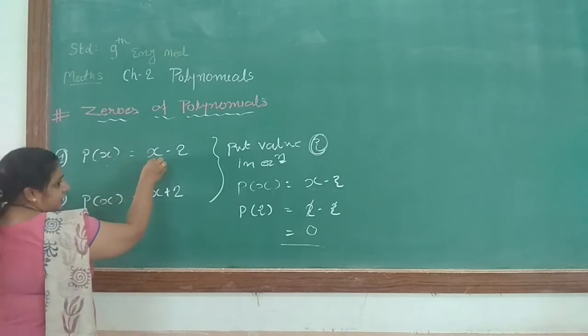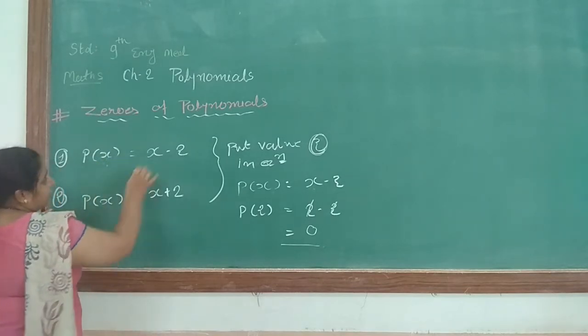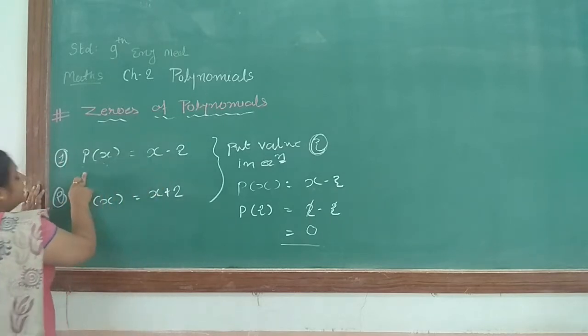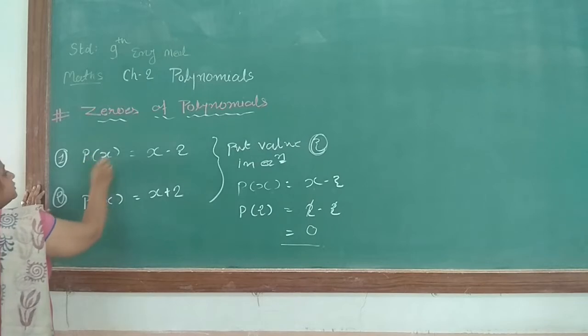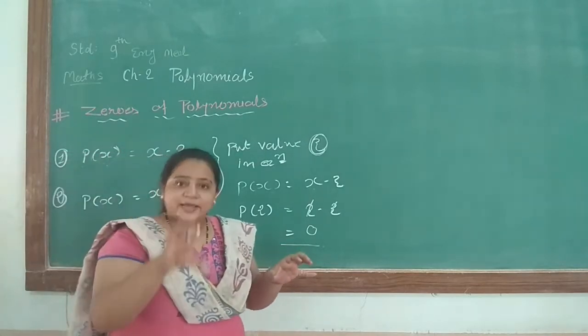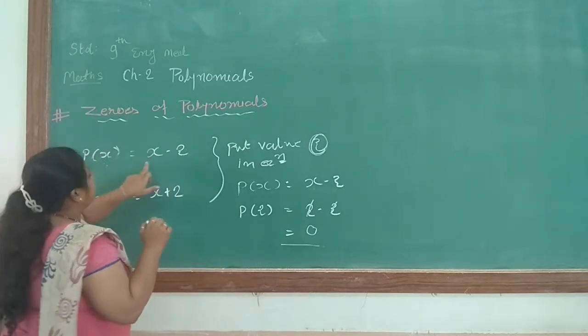Whatever variable is there, we use it in the bracket. If y is there, we write p of y. If t is there, we write p of t. The bracket is pronounced as 'of'. P of x.